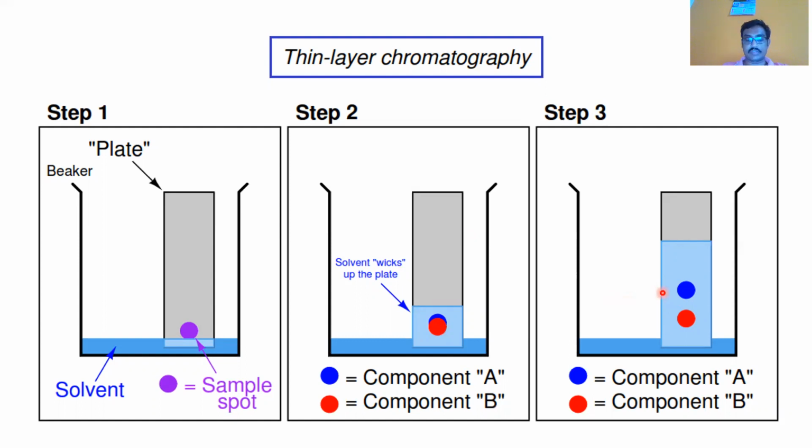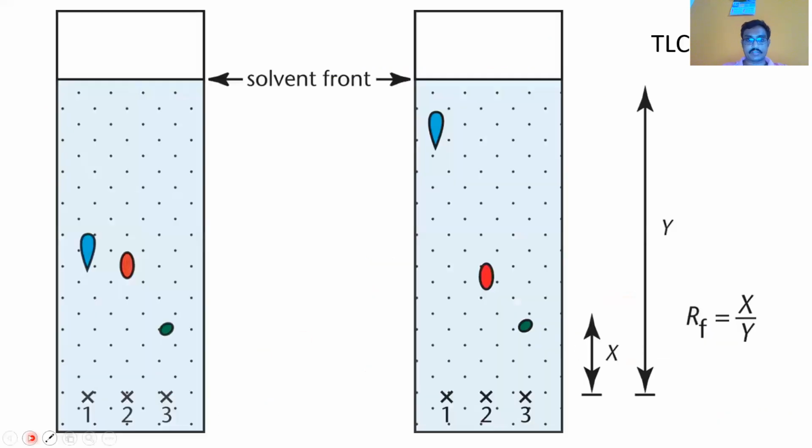Most of the chromatography works this way, and we could calculate the retention factor based on what we saw just now. The different spots that we got, we could use the distances traveled by the different spots, that is the different components of the solutes, and the total distance traveled by the mobile phase or the solvent phase.